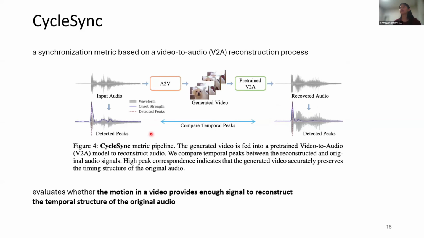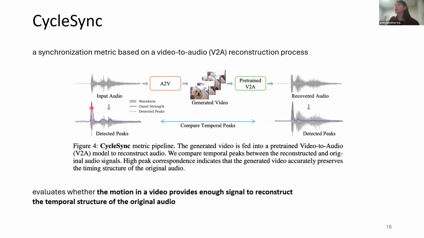So we propose CycleSync, which is a synchronization metric based on the video-to-audio reconstruction process. This process is very simple. Using the audio condition, we generate the synchronized video and use a video-to-audio model to recover the audio.